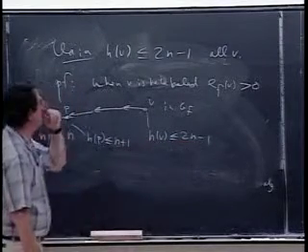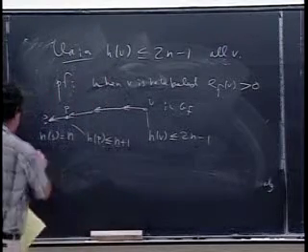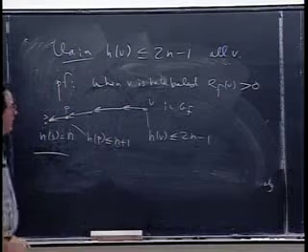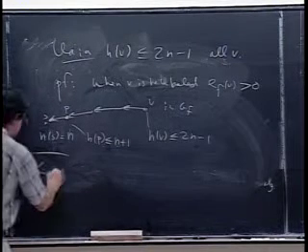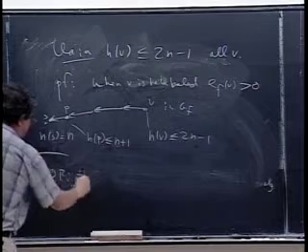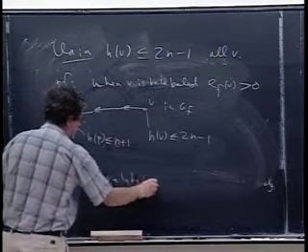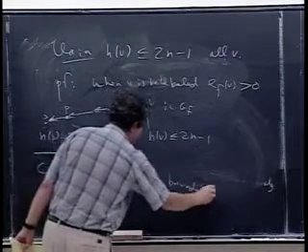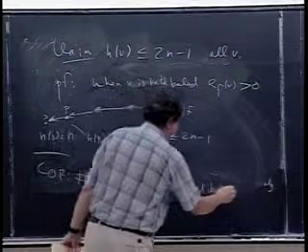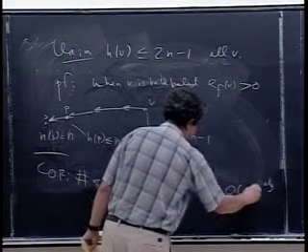So that's the claim here. The labels on any individual node can never get larger than 2n minus 1. And as a corollary, the number of relabels is bounded by, well, I'll just say order n squared.